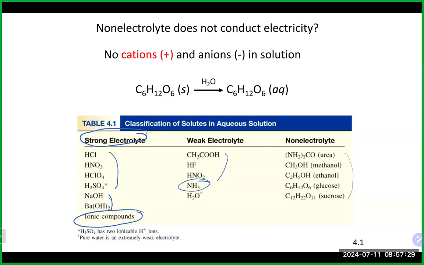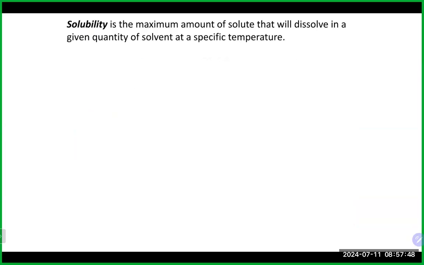Non-electrolytes are all non-metal things that are covalently bonded, like sugar and methanol. They will dissolve, but they do not break apart into any ions, because they're non-metals covalently bonded to non-metals. So again, no conducting electricity.